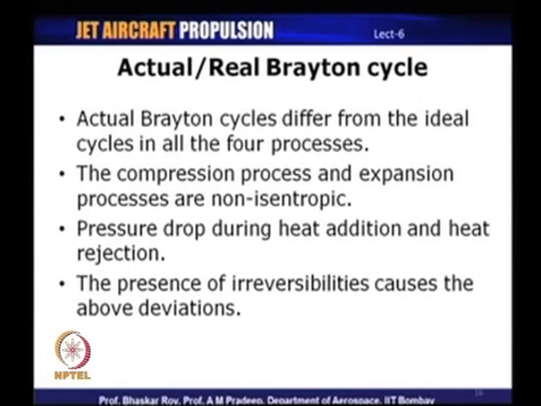In an actual cycle, these processes are non-isentropic, and the heat addition and heat rejection processes, assumed to be constant pressure, will in actual processes have a pressure drop. So, the presence of these irreversibilities will cause an actual Brayton cycle to be quite different from an ideal Brayton cycle.